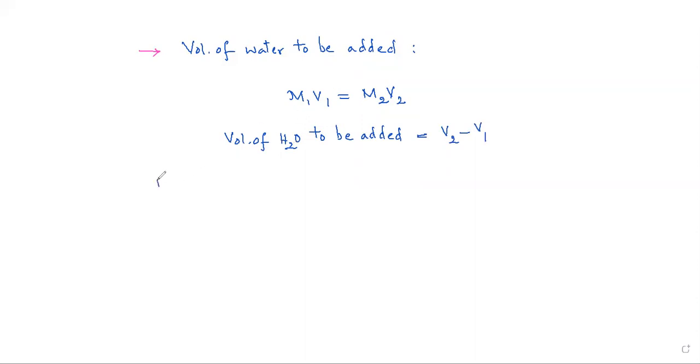Let us take the same old example. We got 100 ml of 0.1 M solution with us. And suppose if we want to make it 0.05 M, what volume of water has to be added? Calculate V2.